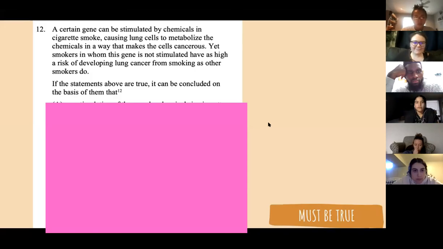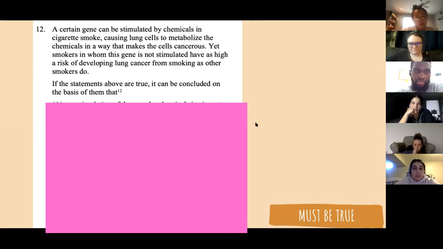All right, Ahmed, can you read the first sentence for us? A certain gene can be stimulated by chemicals in cigarette smoke, causing lung cells to metabolize the chemicals in a way that makes the cells cancerous. All right, so what does that mean? It's pretty much saying that a particular gene in our body has a reaction to cigarette smoke, and that causes lung cells to metabolize in a way that makes the cells cancerous.